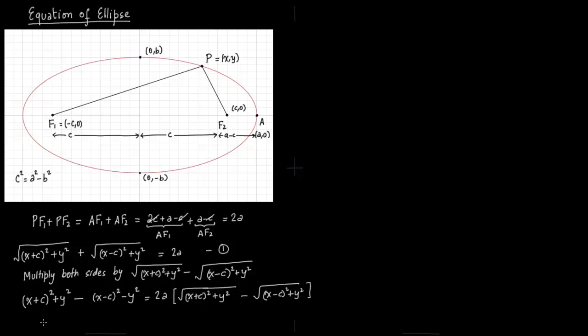Now let us focus on the left hand side. So let us expand this out. We get x square plus c square plus 2cx plus y square, and here you will get minus x square minus c square plus 2cx minus y square. Now let us cancel the terms out. x square cancels out, c square cancels out, y square cancels out, and we end up getting 4cx on the left hand side.